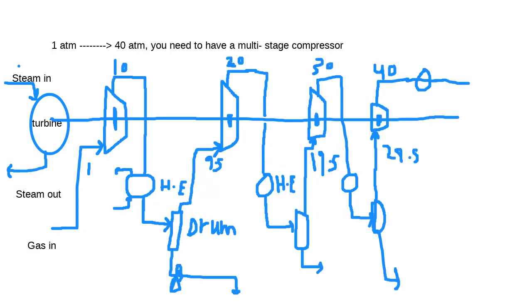As an example, 29.5. And because of the temperature, each time you compress the gas, you need a heat exchanger for cooling the gas down. And because some gases will condense, because the higher the pressure, the higher the boiling point, as we saw in the boilers. Compressing the gas and then cooling it down will create another problem, which is the probability of gases to condense.